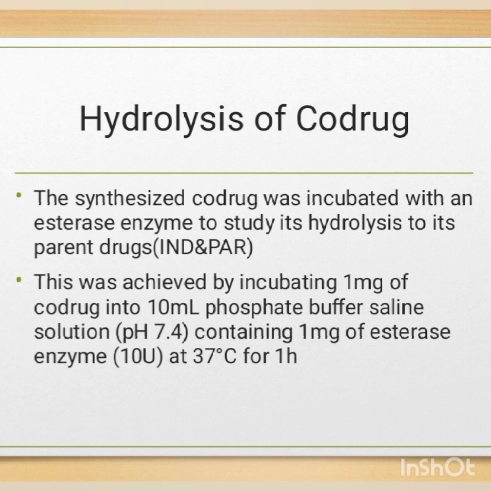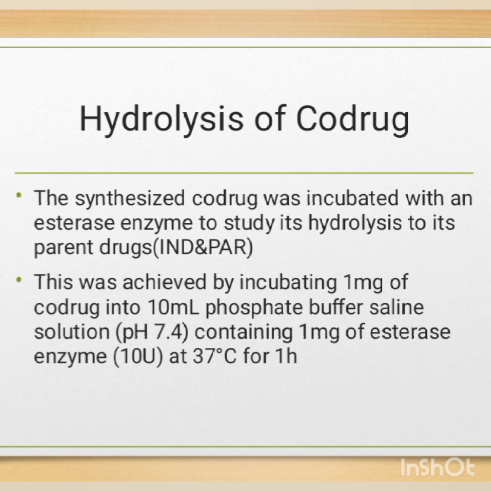Then we need to hydrolyze our core drug. Hydrolysis of core drug. The synthesized core drug was incubated with an esterase enzyme to study its hydrolysis to its parent drugs, which are indomethacin and paracetamol. How did we achieve this?